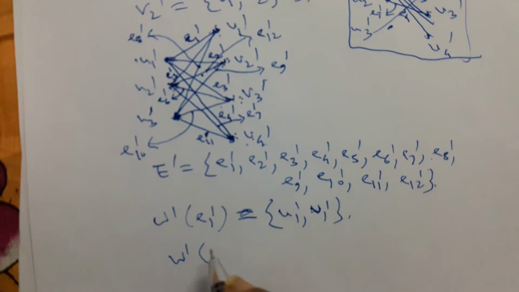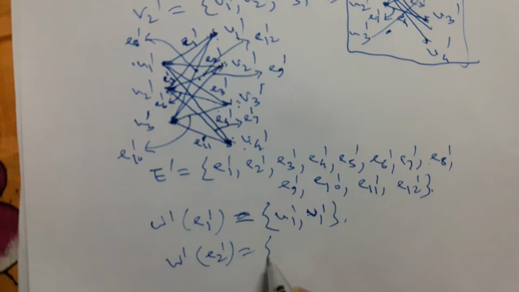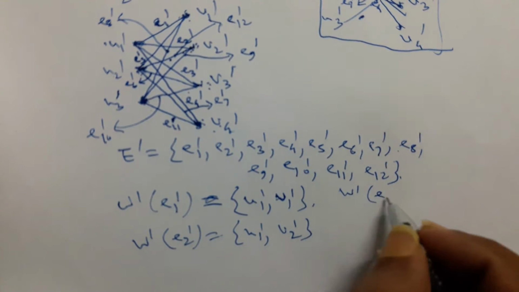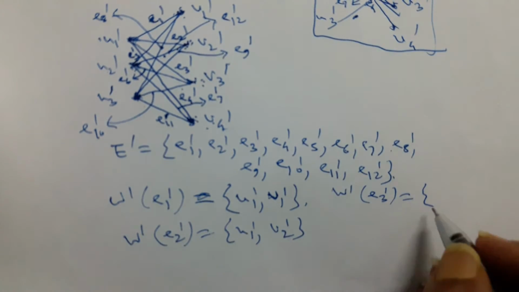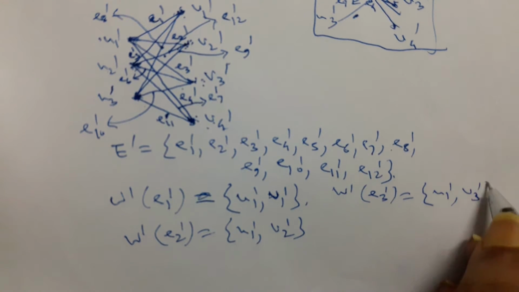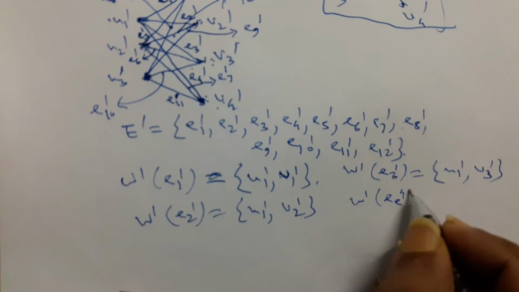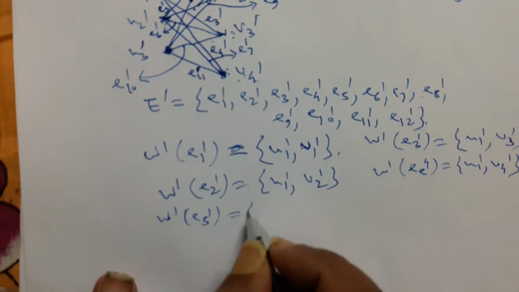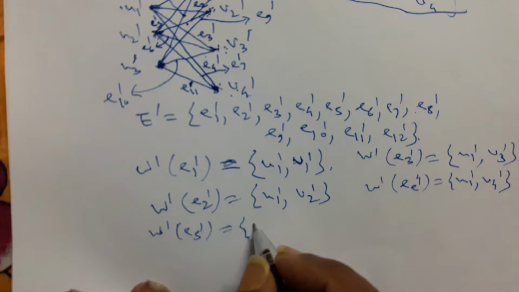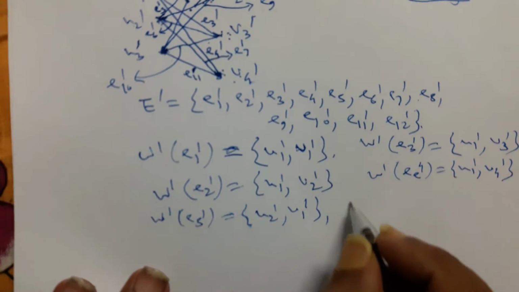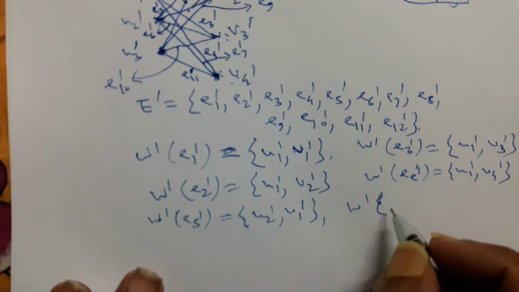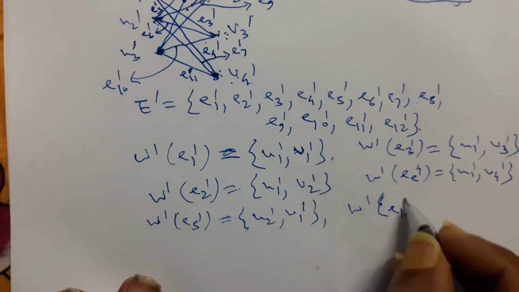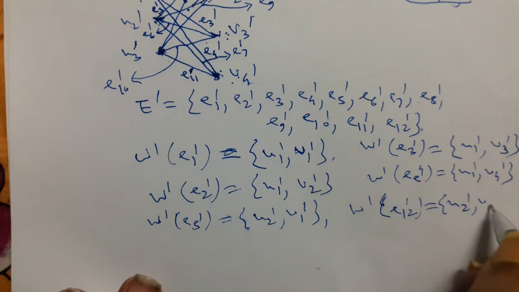Now omega dash of e2 dash, that is the case of u1 dash and v2 dash, omega dash of e3 dash, this is the case of u1 dash and v3 dash, omega dash of e4 dash, that is the case of u1 dash and v4 dash, omega dash of e5 dash for the second case, that is of u2 dash and v1 dash, omega dash of the case of u2 dash and v2 dash, that we name e12 dash.